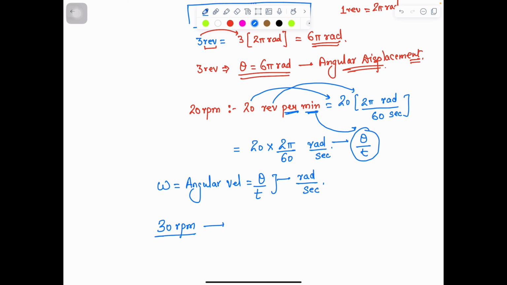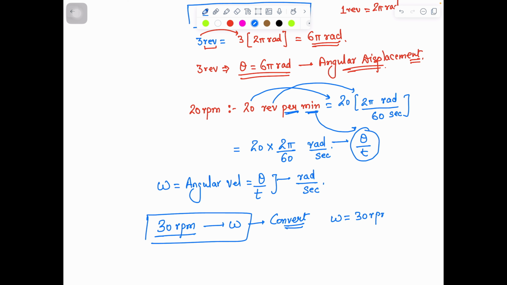Just try to build in your brain that omega is given. And what do you need to convert? Omega is equal to 30 RPM, which is equal to 30, and for RPM simply multiply by 2 pi divided by 60. Clear? This will become your radian per second. Fine.